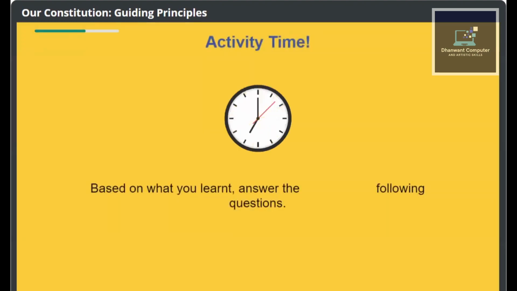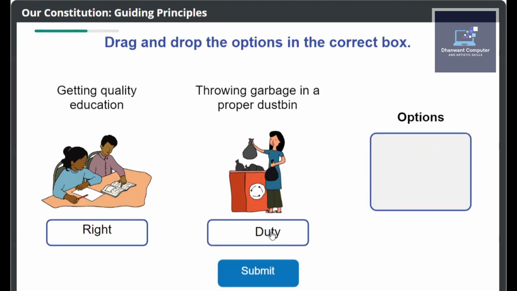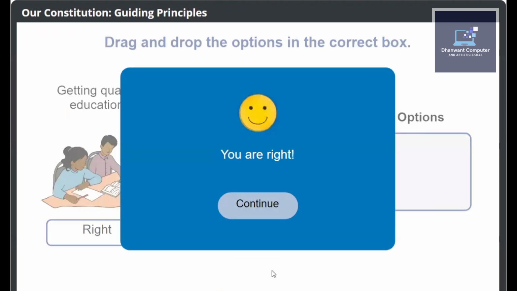Based on what you learned, answer the following questions. Click on the Begin button to answer the questions. Drag and drop the options in the correct box. You are right.